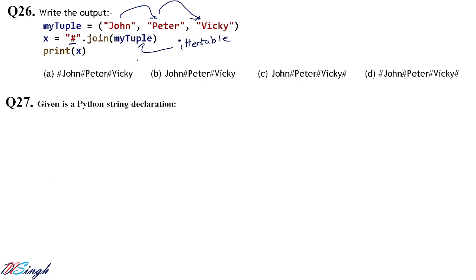So what is the output for this one? John, and it will return a string. Remember that the join function return type is a string. So John, then the separator, Peter, the separator, and then Vicky, in the form of a string. So option B is correct.